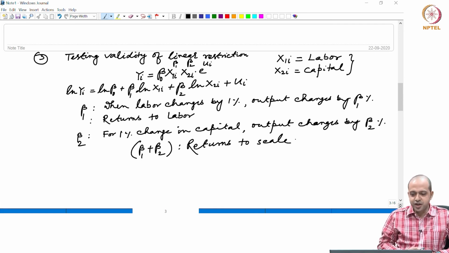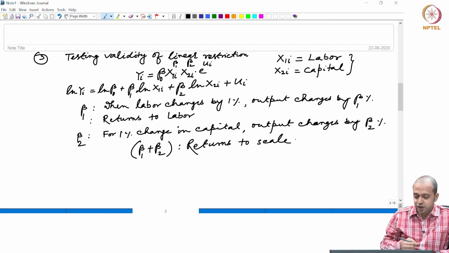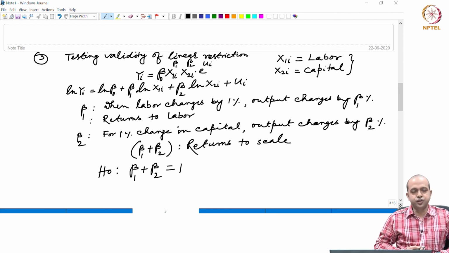And what are we testing? Our claim is that this particular production function, let us say, exhibits either increasing returns to scale or diminishing returns to scale. That is our claim. And if you nullify your claim, then your null hypothesis would be beta 1 plus beta 2 equals to 1. This is your null hypothesis.